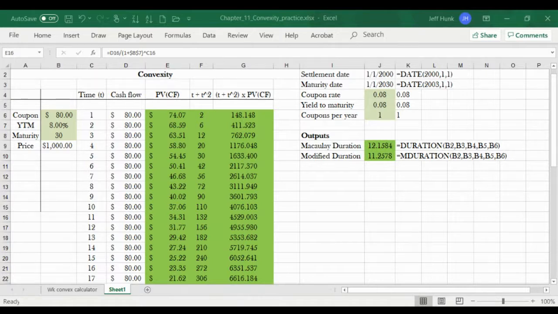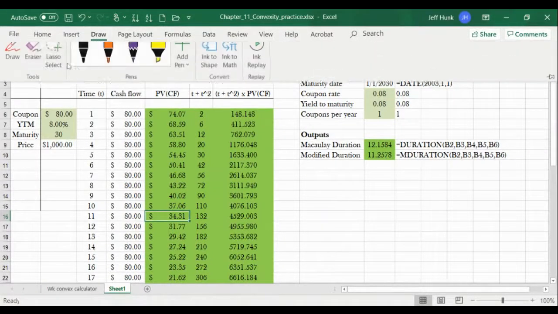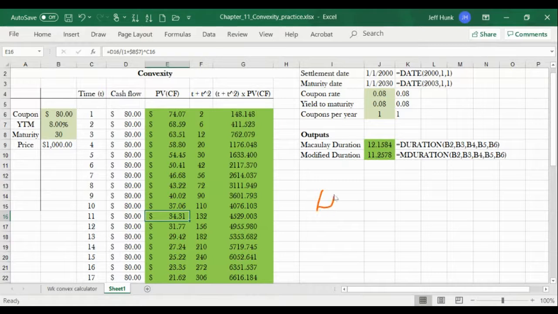In our example 11.4, the modified duration was given as negative 11.27, wasn't it?